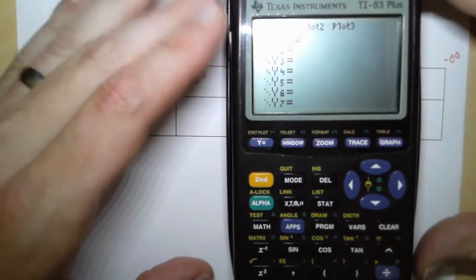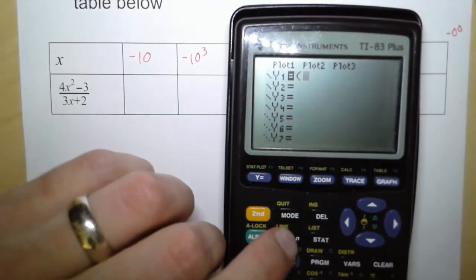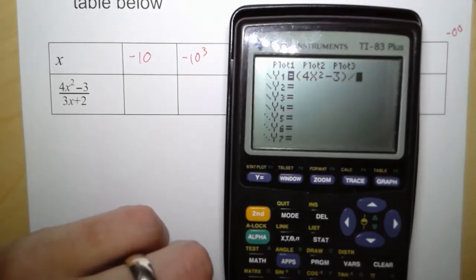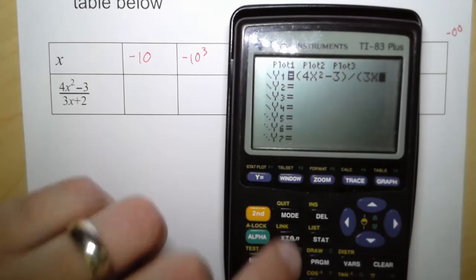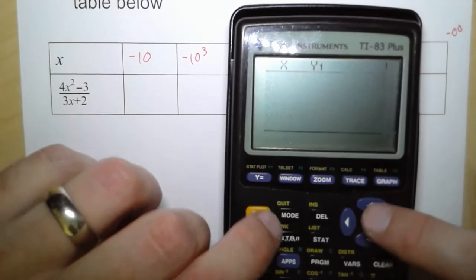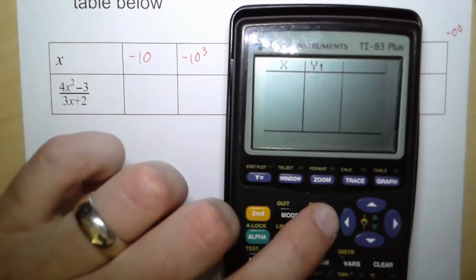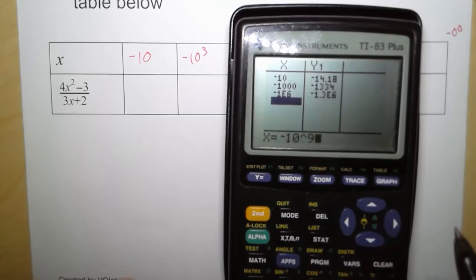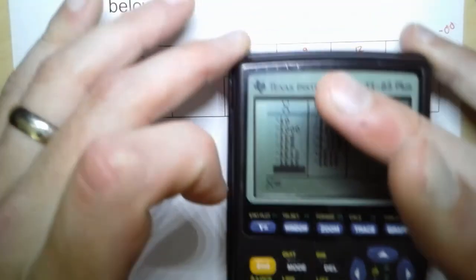So let's enter this into our calculator. We have parentheses for the numerator, 4x squared minus 3, close parentheses for the numerator, divided by parentheses for the denominator, 3x plus 2, and close that parentheses for the denominator. So I go to my table, and I delete out what's there. Negative 10 cubed, negative 10 to the sixth, negative 10 to the ninth, negative 10 to the 12th, negative 10 to the 15th.